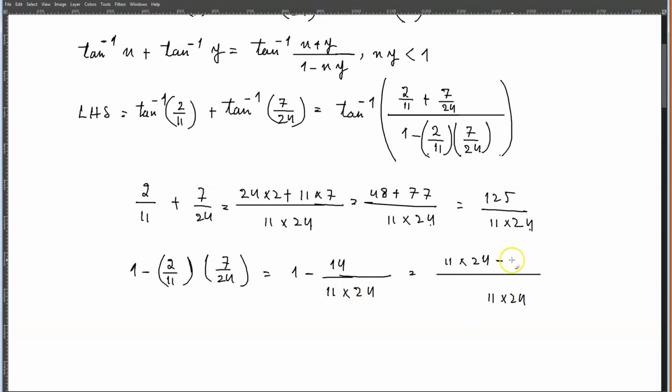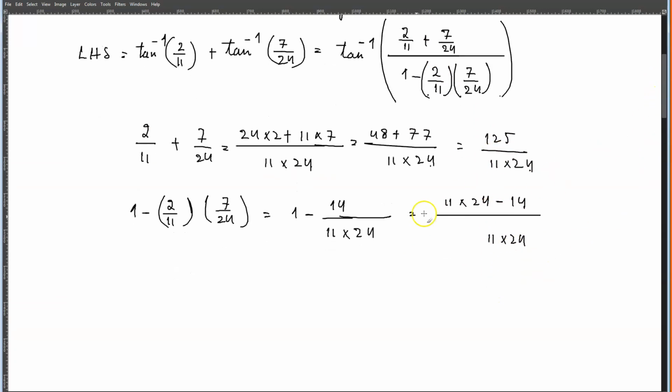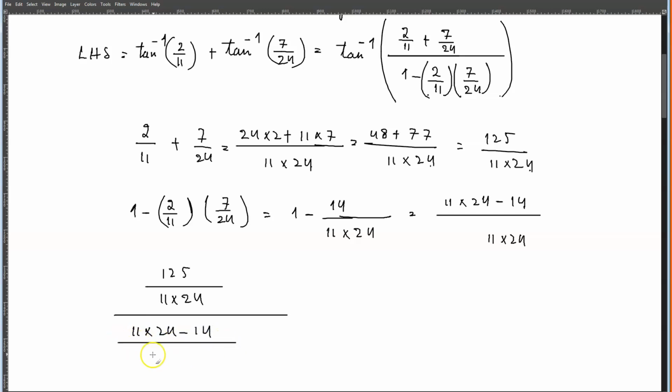So I can divide this by this one, and what I will get is 125 by 11 times 24 divided by 11 times 24 minus 14 by 11 times 24. Cancel these two out, and you will get 125 by 11 times 24 minus 14.